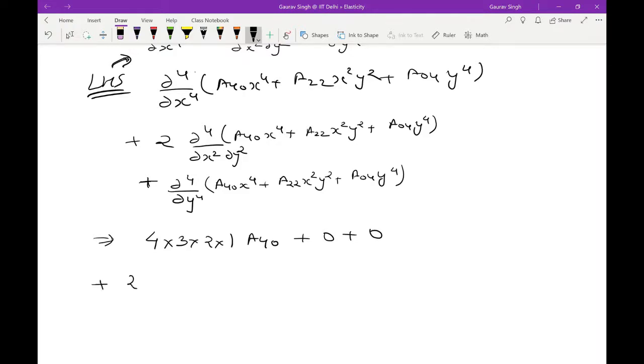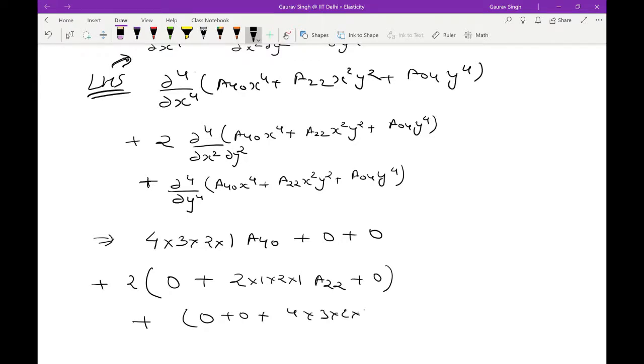Now take this: differentiate, the first term will be 0, the second term would give you 2 into 1 into 2 into 1, A22, plus 0 plus, again 4, so 0 plus 0 plus 4 into 3 into 2 into 1.